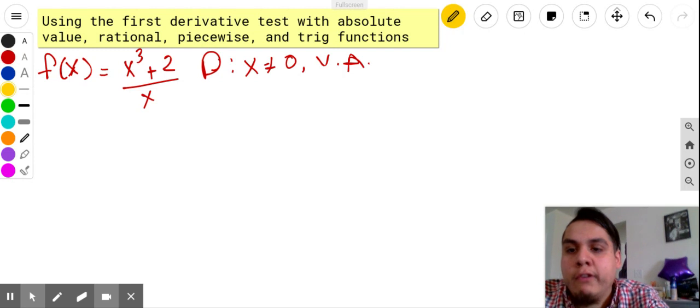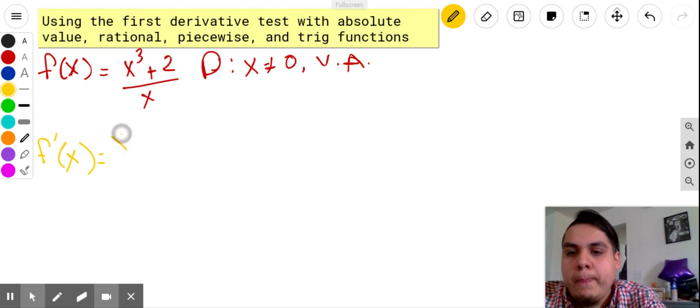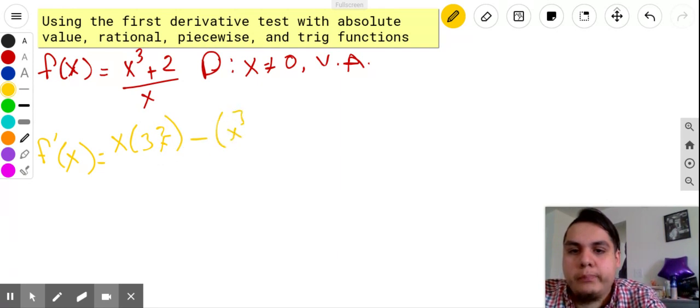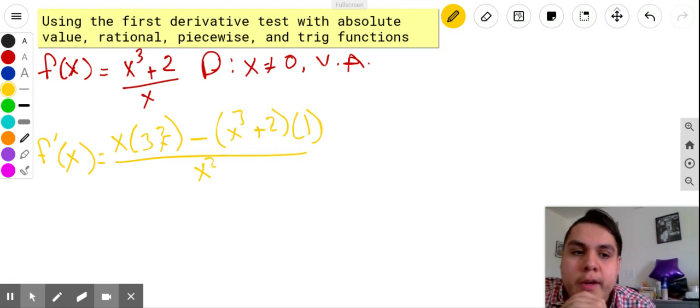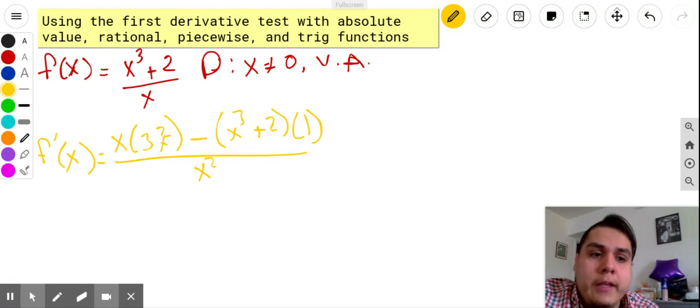So if we look for its derivative, f prime of x would be low d high minus high d low over low low. So then from there, we try to simplify the numerator.